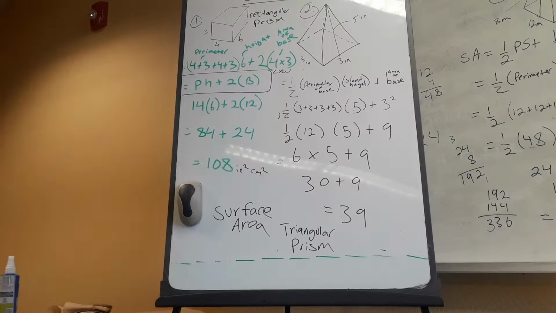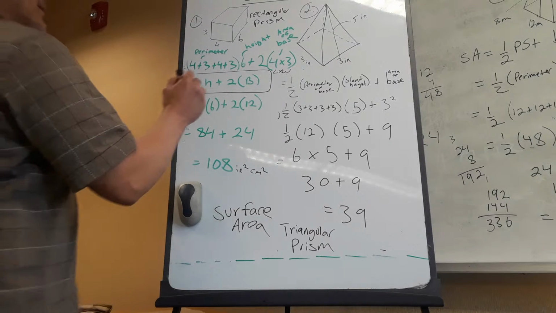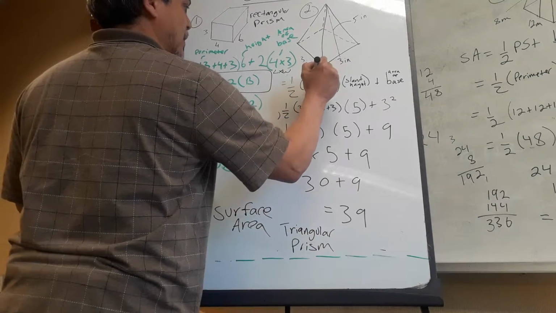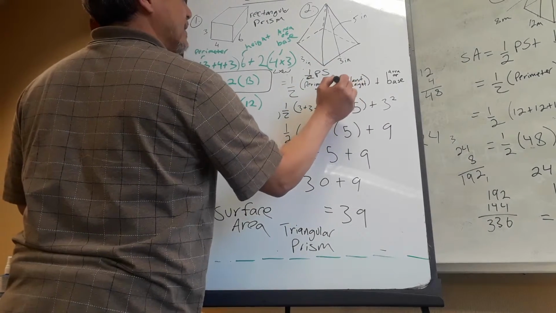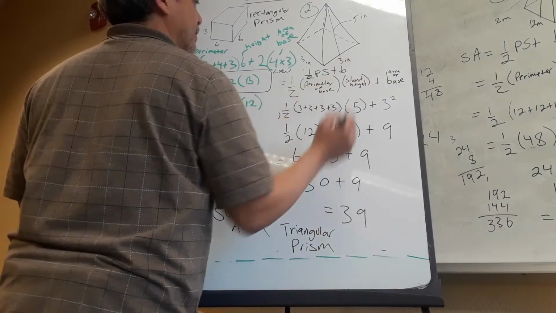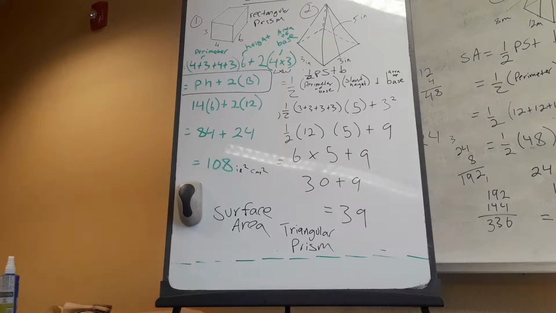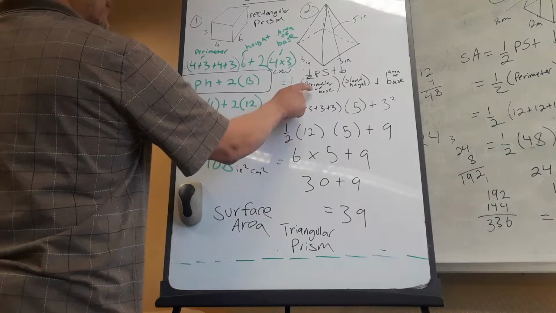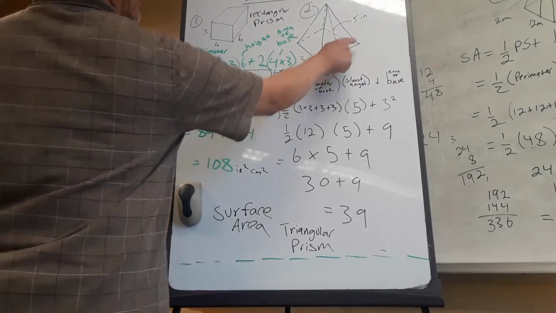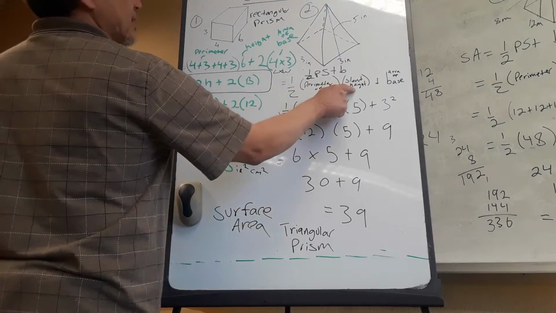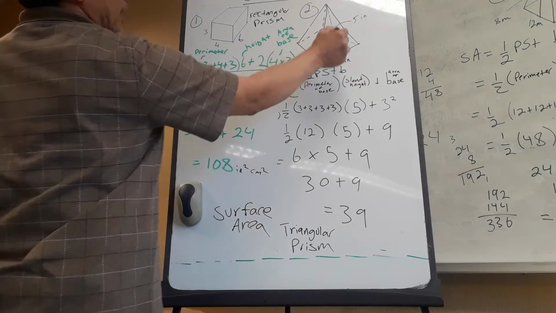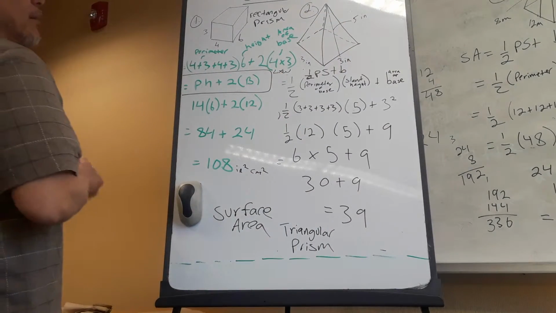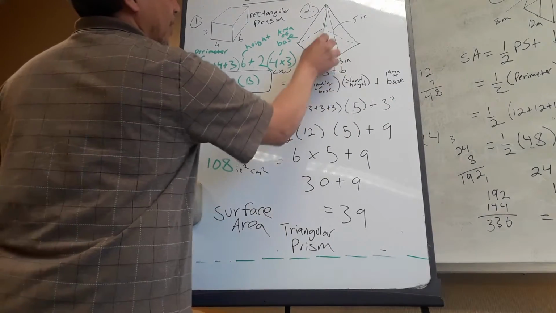Okay, so the formula for this one is 1/2 times perimeter times slant height plus the area of the base. So you've got 1/2 times the perimeter of the base, times the slant height. This is your slant height right here, a line from the apex to the base, plus the area of the base.